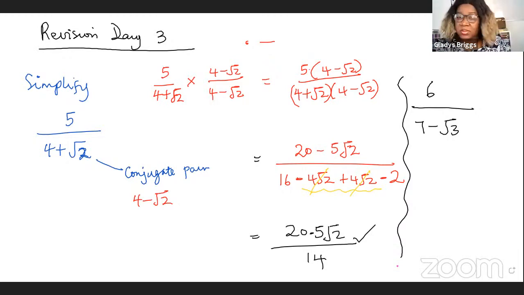Okay, so those are the things you are expected to have for your topic 7. Yeah. For this one, you should have 6 over 7 minus root 3 times 7 plus root 3 over 7 plus root 3.